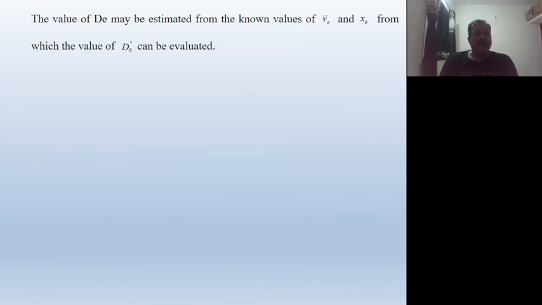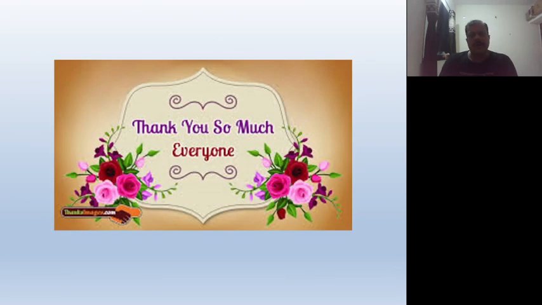Now the value of De, the dissociation energy, may be estimated from the known values of nu bar e and Xe, from which the value of D0 double prime can be evaluated. These are the values of the excited state. This is the dissociation energy and dissociation product. Thank you very much.